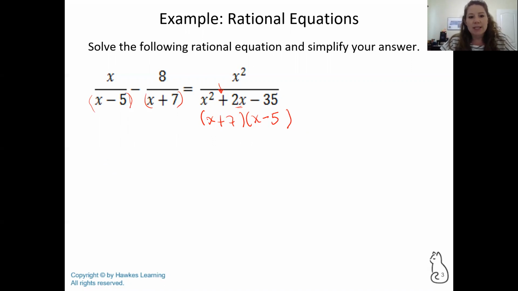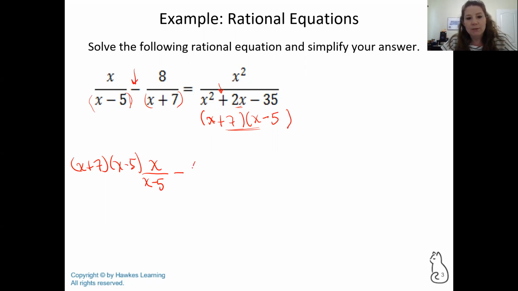Since this is going to be the least common multiple of all three terms, I'm going to multiply every single term by this common multiple. I'm going to start with the top one: x plus 7 times x minus 5, multiplied by the first term, which is x over x minus 5. Then I'm going to bring that minus sign down.